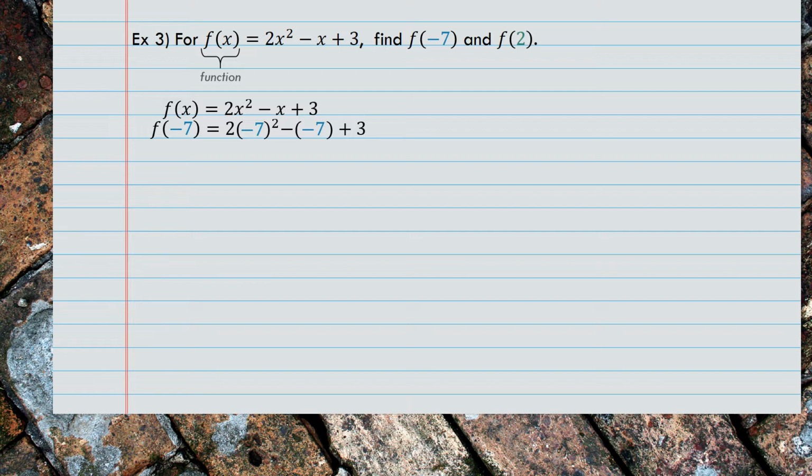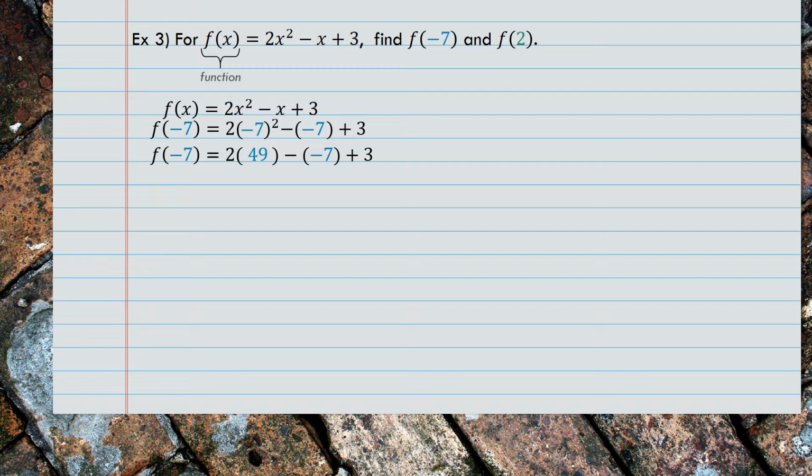Now that we have the negative 7 plugged into the function, we follow GEMS, or order of operations. On the right side, notice we cannot simplify inside any grouping symbols, but we do have exponents. Negative 7 squared really means negative 7 times negative 7, which we know means 49. We bring everything else down exactly as we see it.